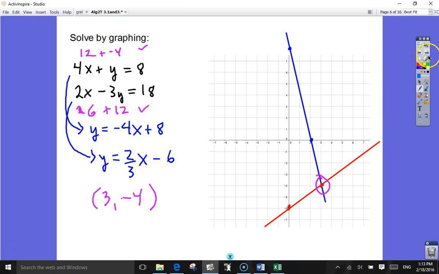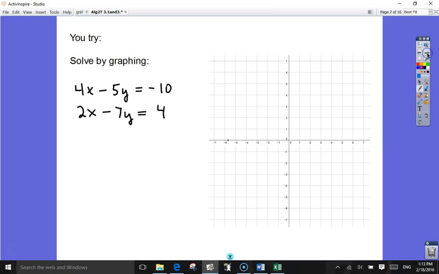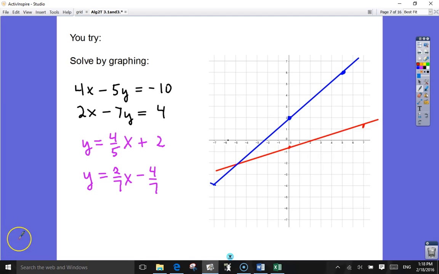So try to do this one. See how accurate you can be graphing these by hand and estimating the solution. If you solve them for y and then you graph, the first one should have been 4/5 x plus 2. So the y-intercept is here, up 4, 1, 2, 3, 4, over 5.